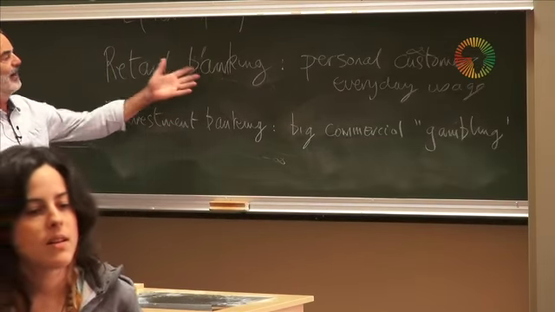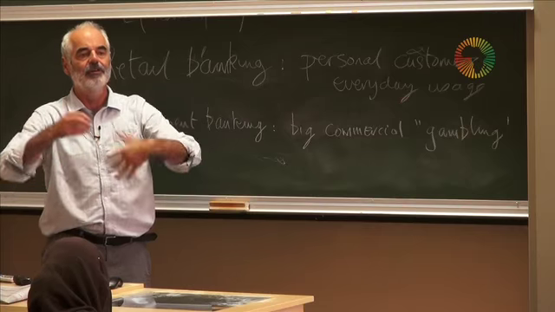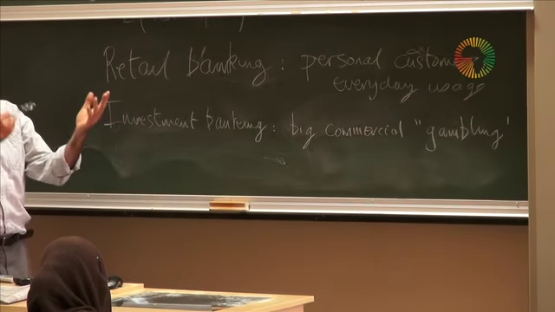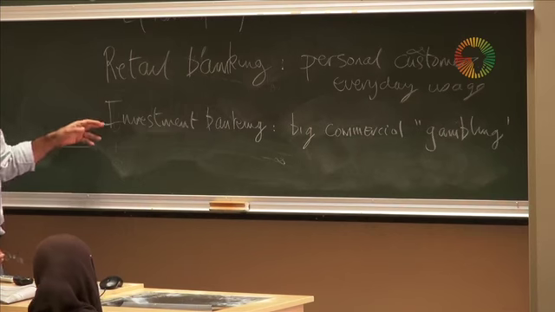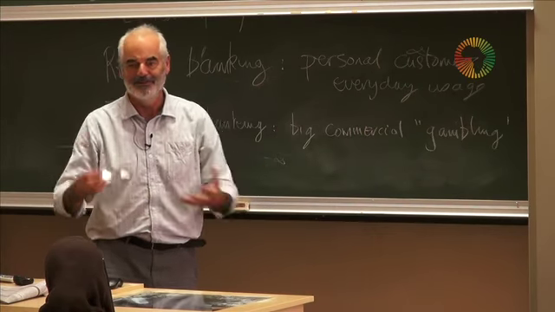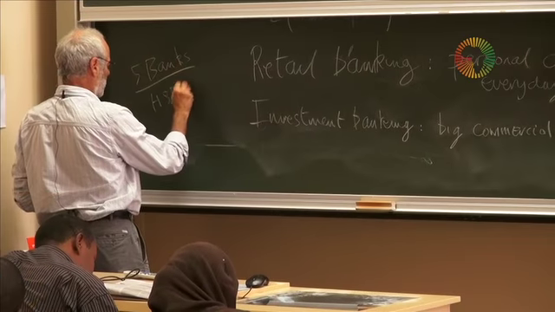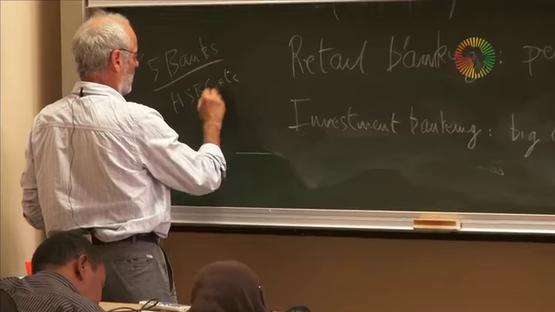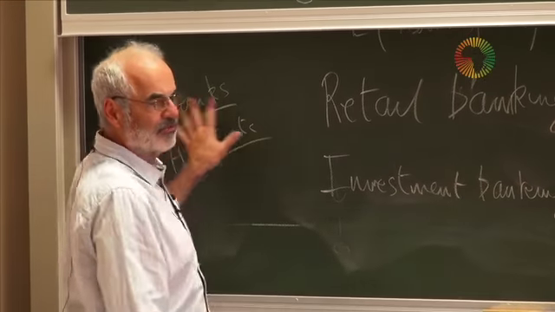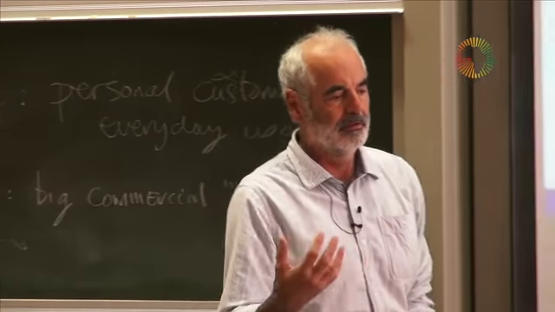Retail banking is personal customers, everyday things like ATMs. And investment banking is a sort of big commercial gambling on the future that people do. The picture shows 5 banks, HSBC, etc. So it's describing 5 banks.